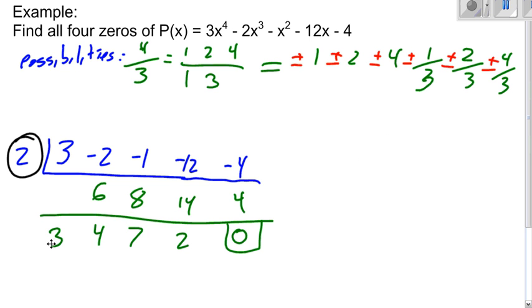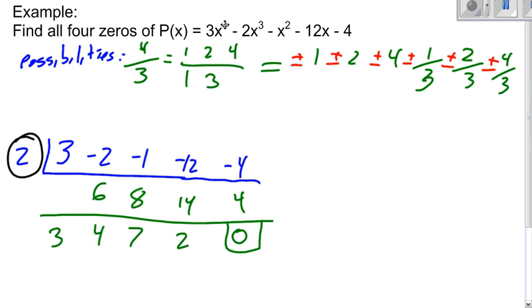And also you can notice here that these are all positive, which means there's nothing larger than 2, so positive 4 is not going to be a 0 either. You can also notice by looking at this, there's only one sign change. It starts positive and then goes negative and stays negative.